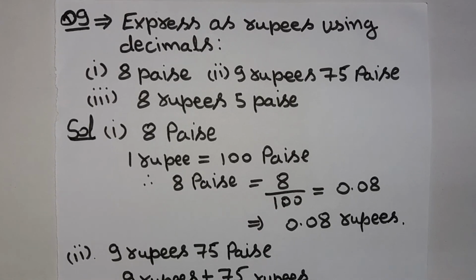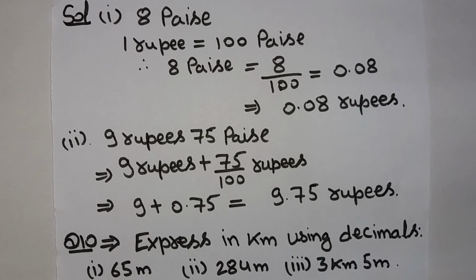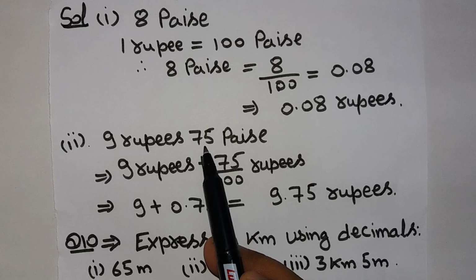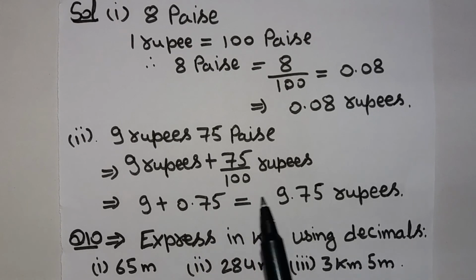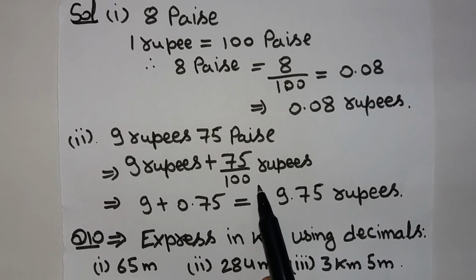Similarly, the next part, the second part, is 9 rupees and 75 paise. 9 rupees will remain as rupees, but for converting the 75 paise into rupees, we have to divide it by 100. So 75 upon 100 rupees.